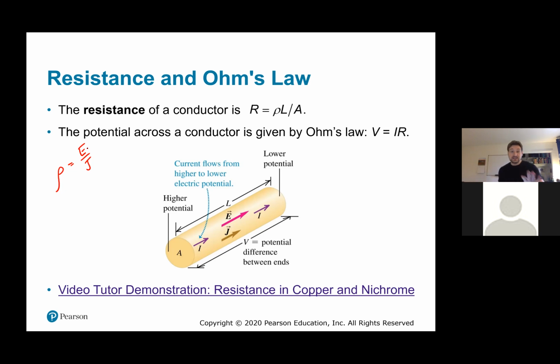If, as is true for conductors generally, the resistivity is essentially constant for a relatively small range of temperatures, then we can write this, and this is a constant.